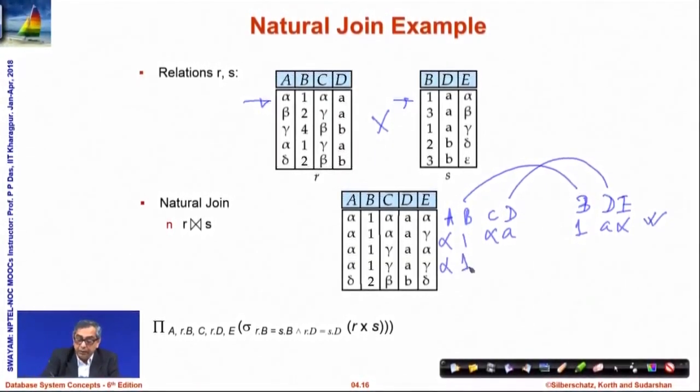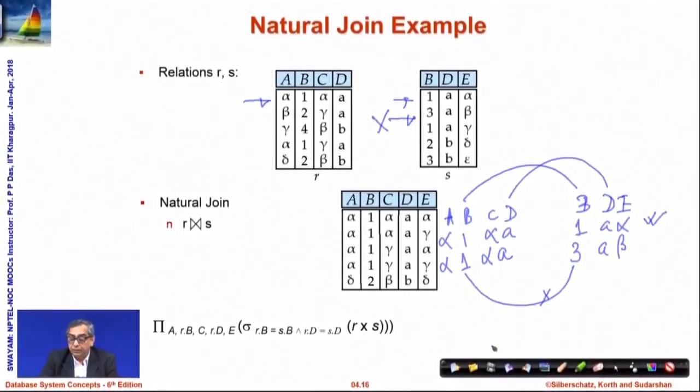But in the Cartesian product, I will also have the first row of R going with the second row of S: alpha, 1, alpha, A with 3, A, beta. Here D does match, but B does not match.